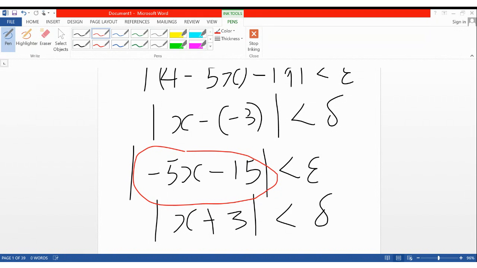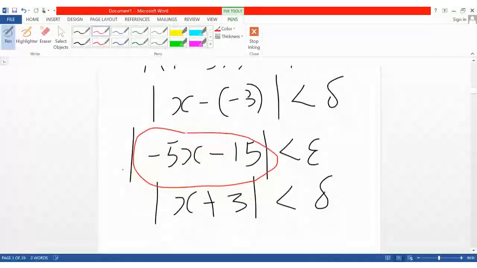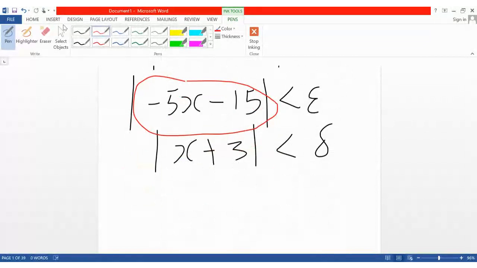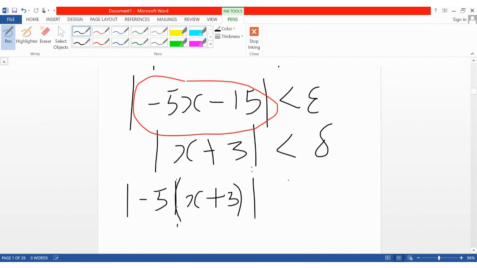So I'll get a negative 5, and then x plus, not x minus. Sorry, this one is the bracket. Whenever x plus 3 is less than delta. By the way, the delta can easily guide you.